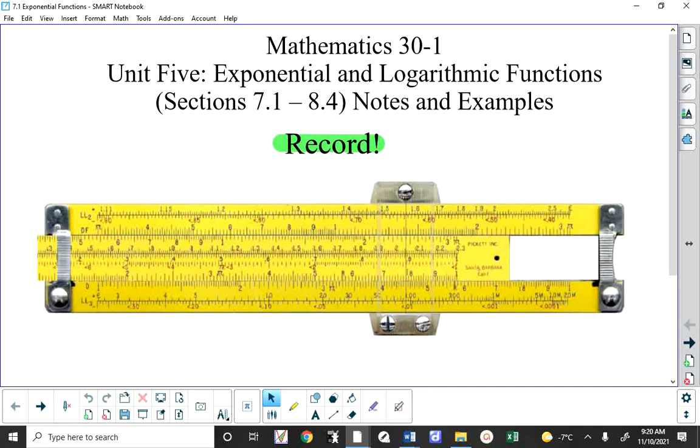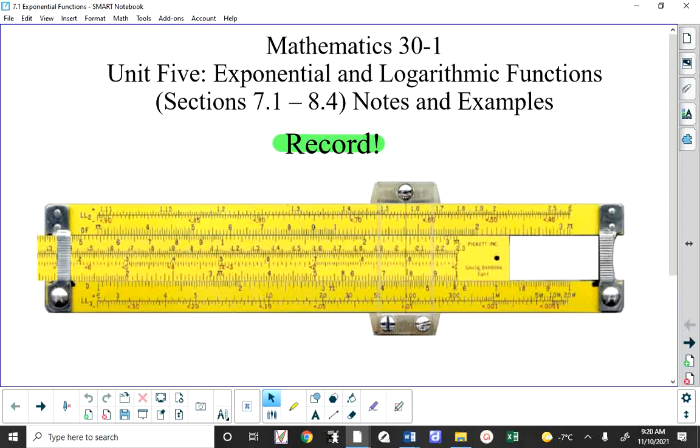And a slide rule, if you know what you're doing with it, you can do any calculations you want. It uses logarithms, by the way. I'm just showing you this as a point of interest. This isn't something we need to learn how to use.